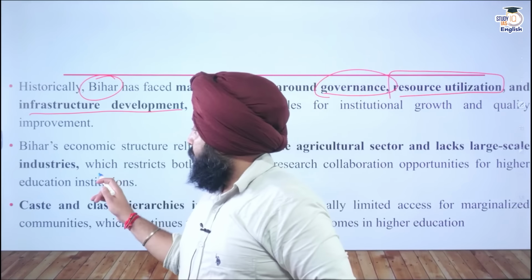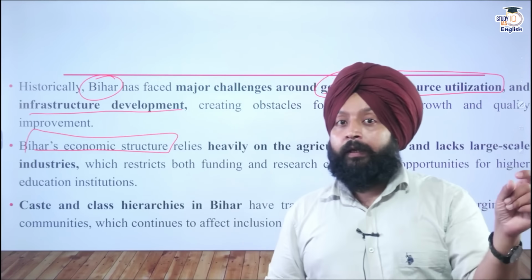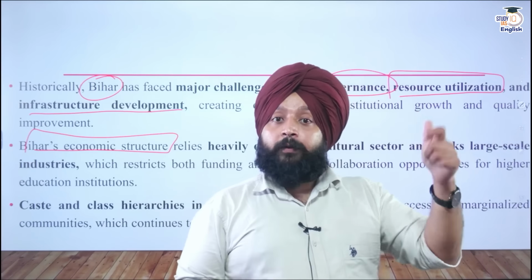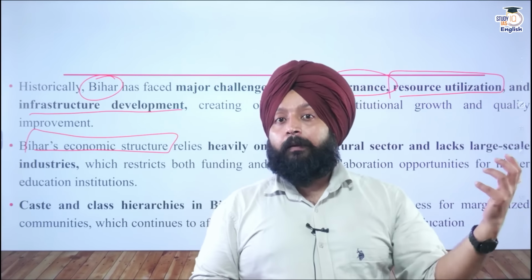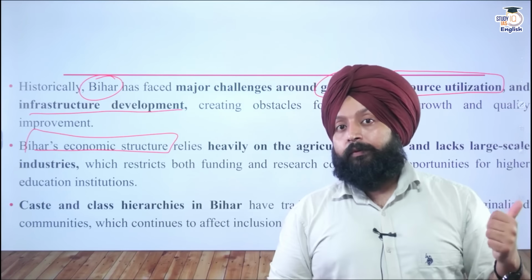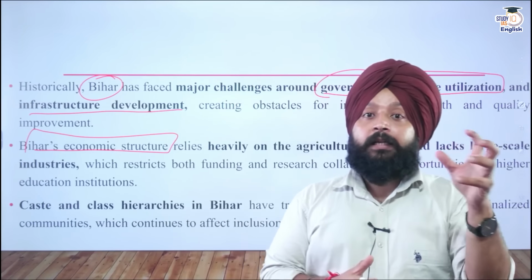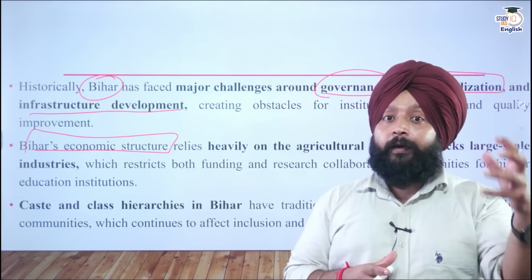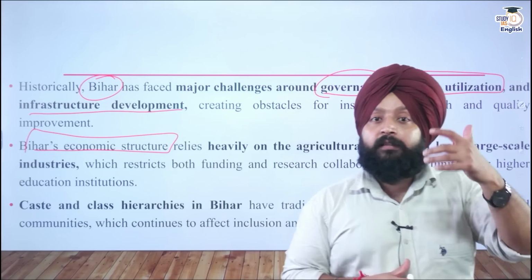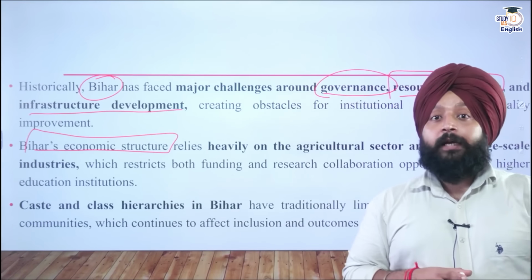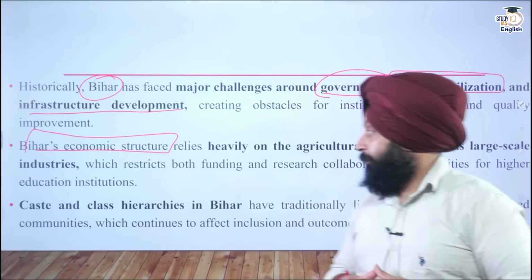Apart from that, we also have the economic structure. One thing that was driving the establishment of education institutions in Tamil Nadu was the demand for skilled manpower, the demand for skilled people. But in Bihar, it's an agricultural economy. So we will not find many industries there. As there are no industries, there is very little demand for skilled people, and that's why there are no educational institutions to cater to that demand.